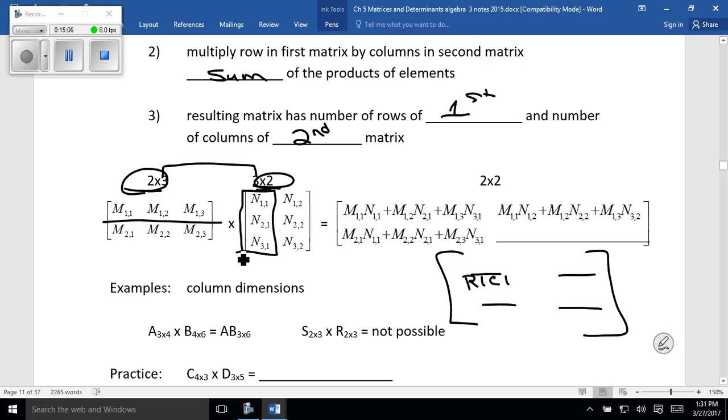Everybody has to get multiplied. So this is the first place, and this is the first place. Agreed?